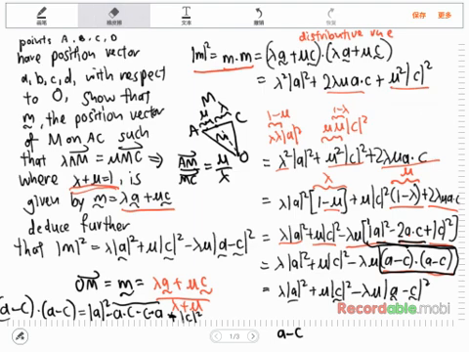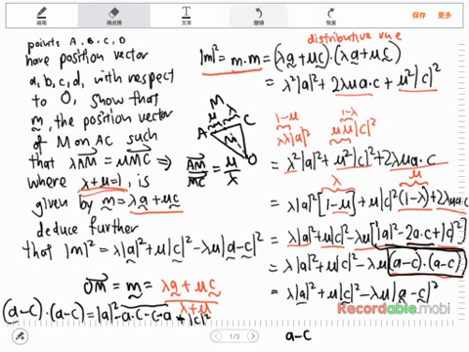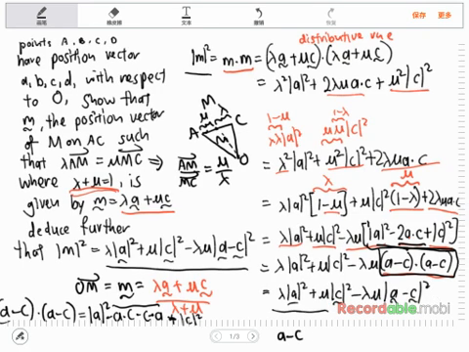So then I have proven what they want me to prove, that basically mod m square equals to this, which is here, right? So yeah, that's it. And move on to the next part.